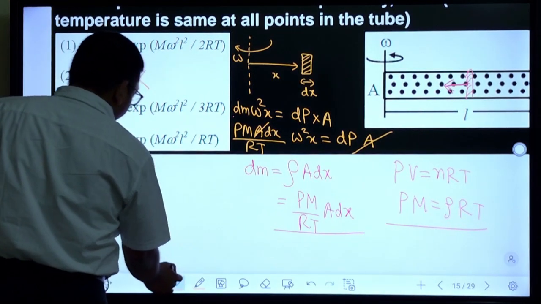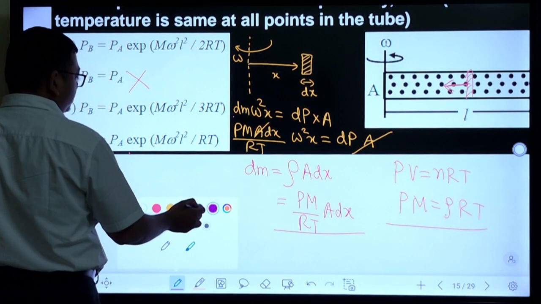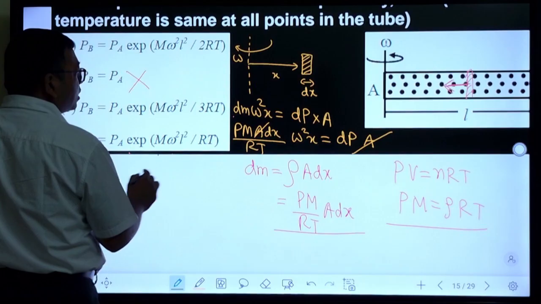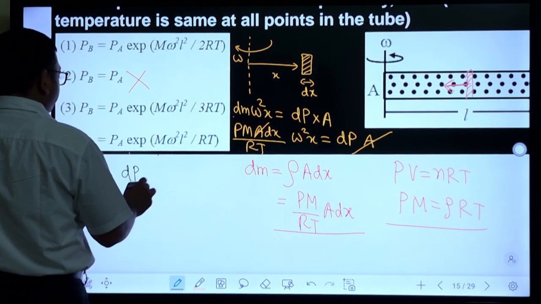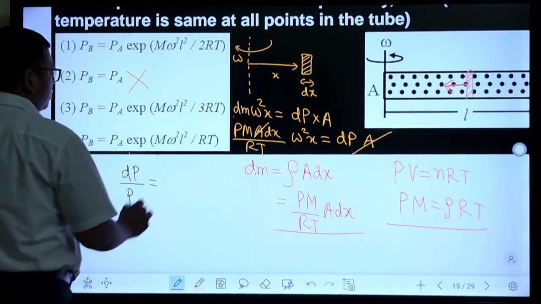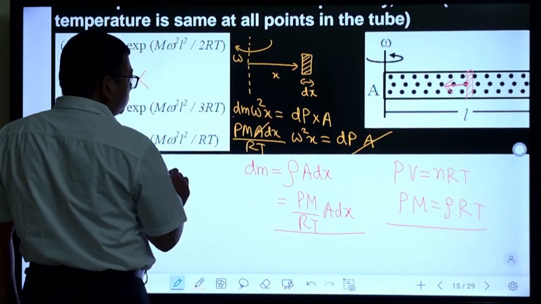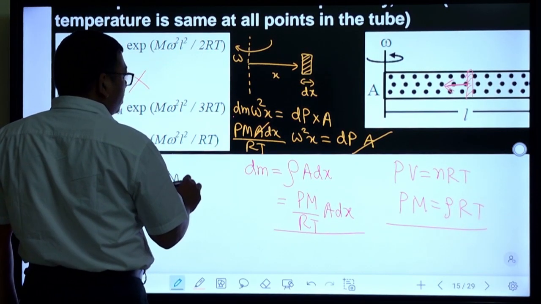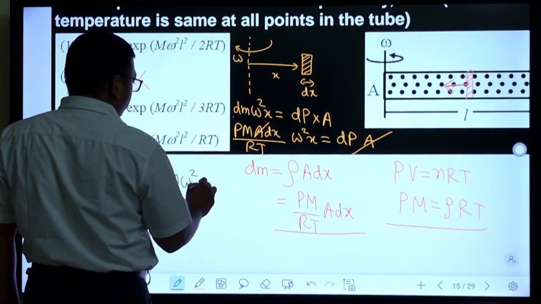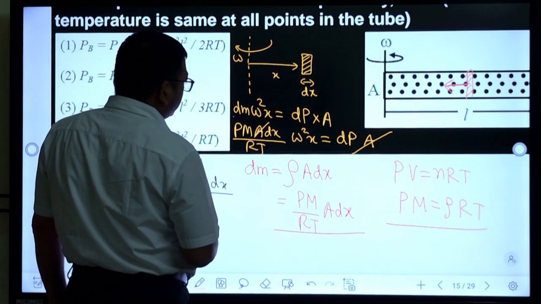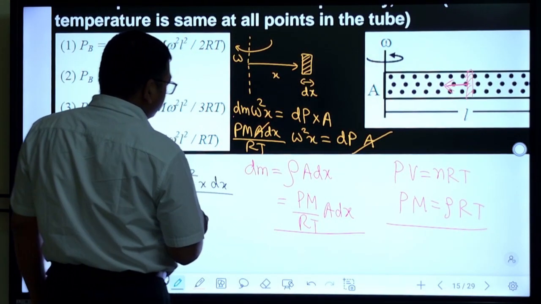Let's write that. So we are getting dP divided by P is equal to M omega square x dx by RT.